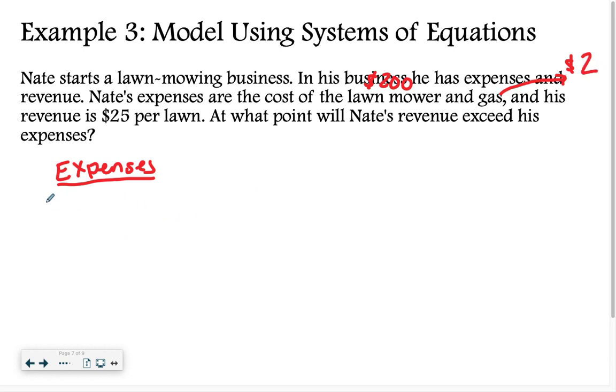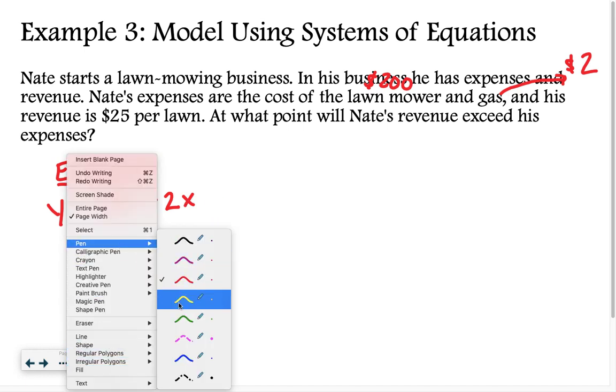So his expenses is y equals, because we don't know what his total expenses are. No matter what, he has to pay $200 to get that lawnmower, plus $2 for every lawn he mows. We don't know how many lawns he mows, so I'm going to use x.